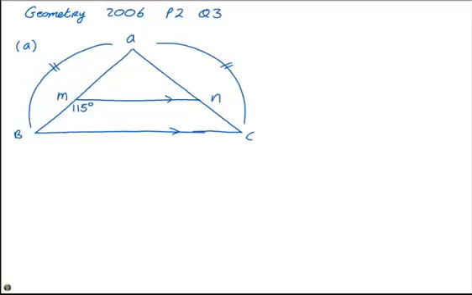So there's two different ways that you can approach this question. You've got this C here. And that C, the way you reference that is internal angles. So in other words, this angle and this angle should add up to give 180 degrees.